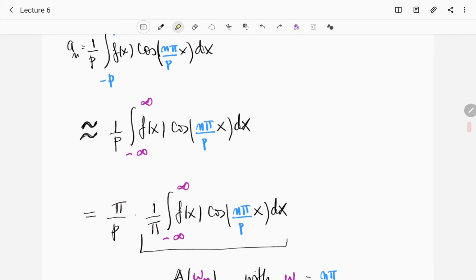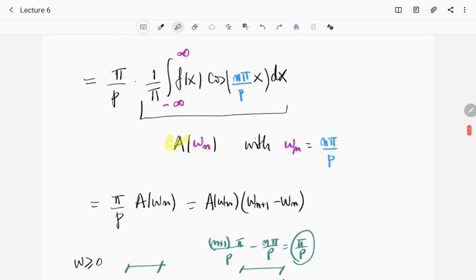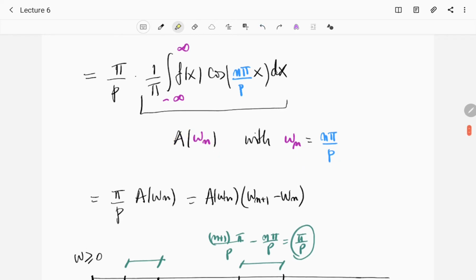Exactly this, with omega_n equal to n pi over p. So what we have here is pi over p and this value.